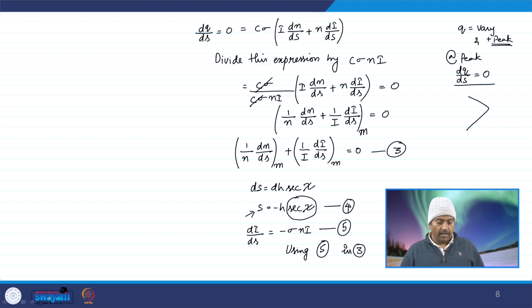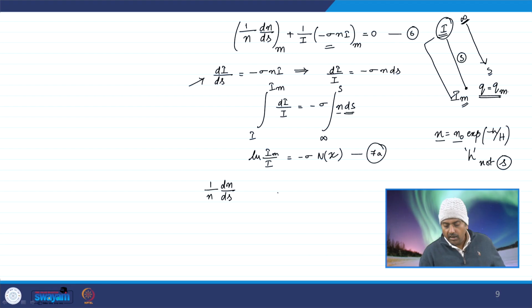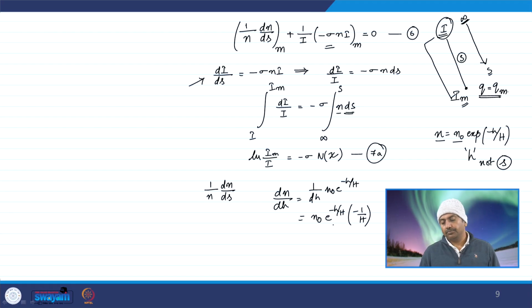Okay. So, that is the basic idea. Let us say if you have this dn by dh, if you have it, then you would have simply differentiated n naught exponential minus h by H, and you should have simply written n naught will come just like that, e to the power of minus h by H, and minus 1 by capital H.